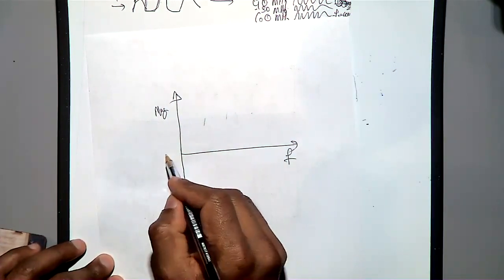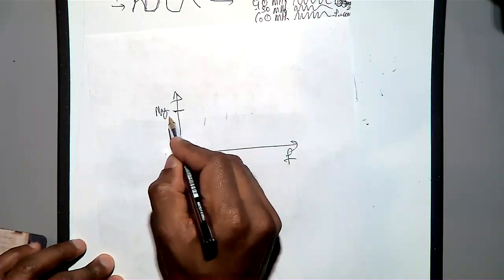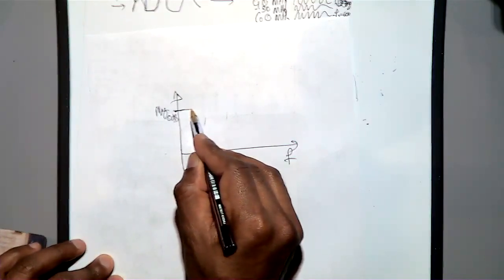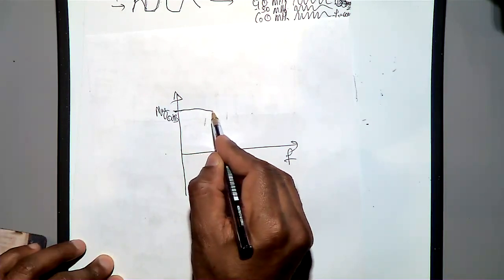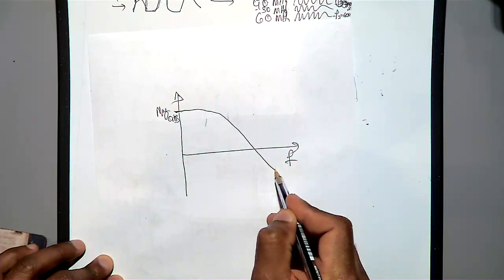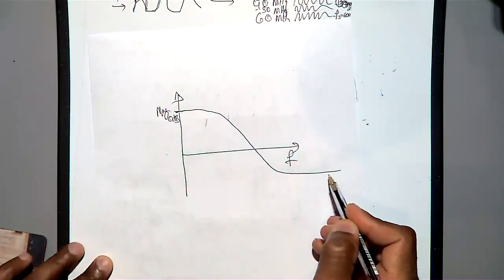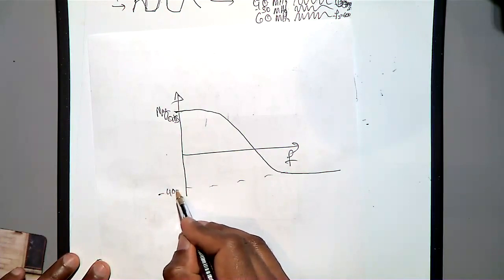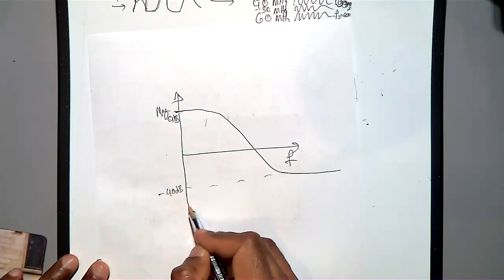And maybe from here you are starting at 0 dB. So this is the 0 dB of your filter. And then you will be having something like this response. Like this. And then this could be maybe minus 40 dB. So that is your stop band.